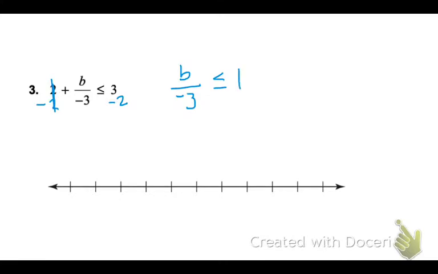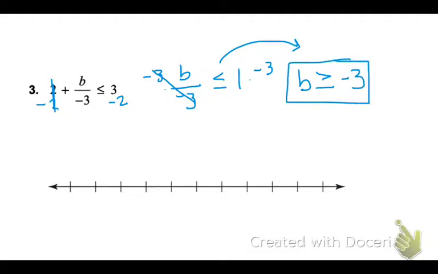How do we undo dividing by a -3? We multiply both sides by -3. Since we are multiplying by a negative, we must also reverse the symbol. So b becomes greater than or equal to, because the -3's cancel out, -3. And to graph it, we will get some numbers going here.